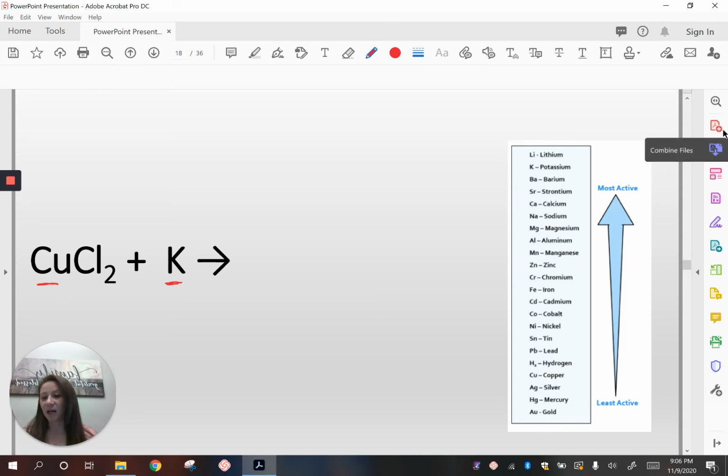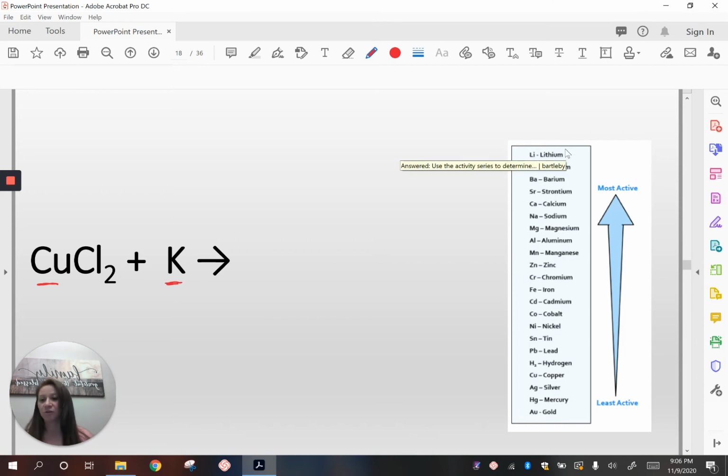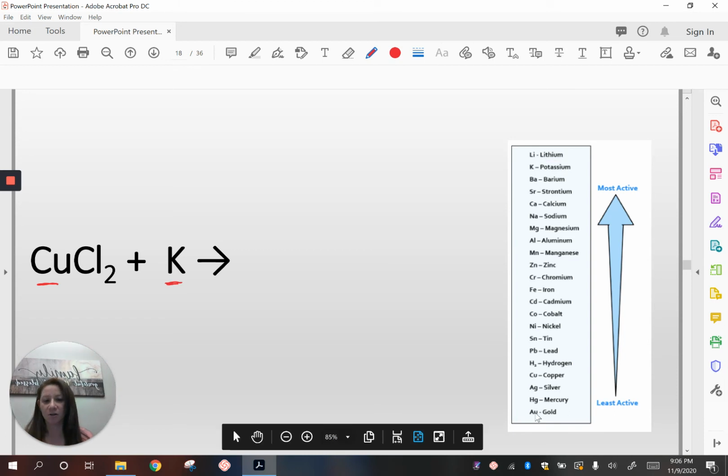If you look at the back of your periodic table, you will find this activity series. It looks a little bit different, but it's the same list of metals. Lithium is the most reactive in terms of single replacement reactions, and gold here is the least reactive.